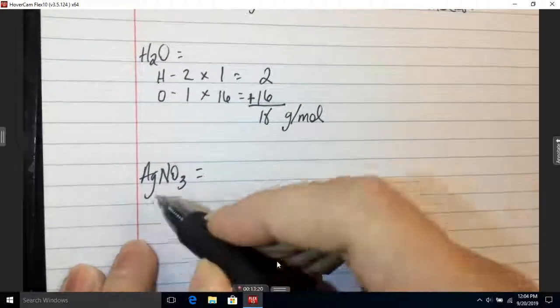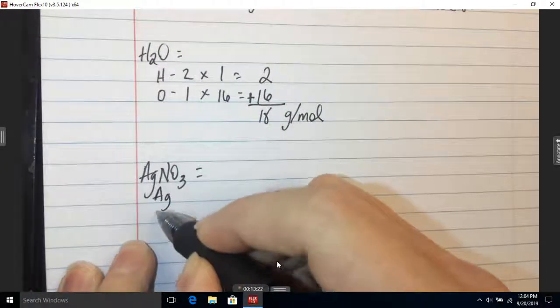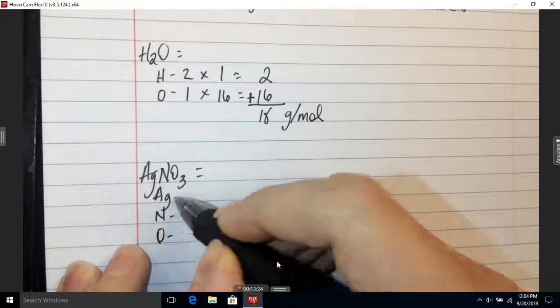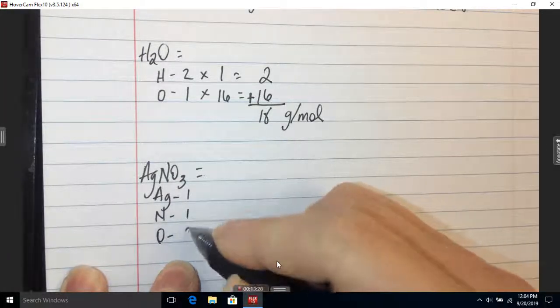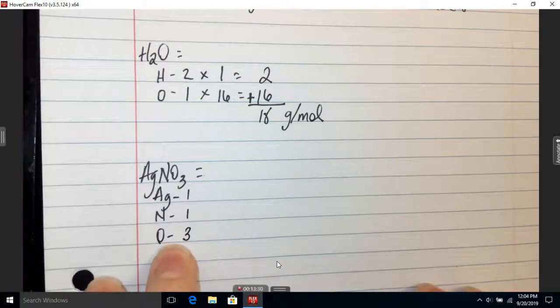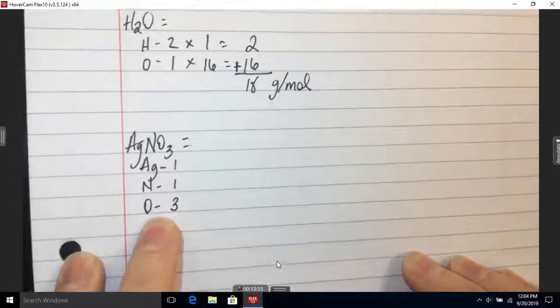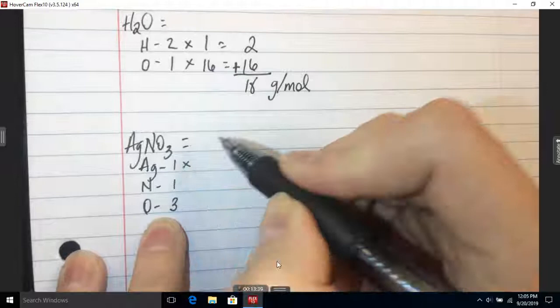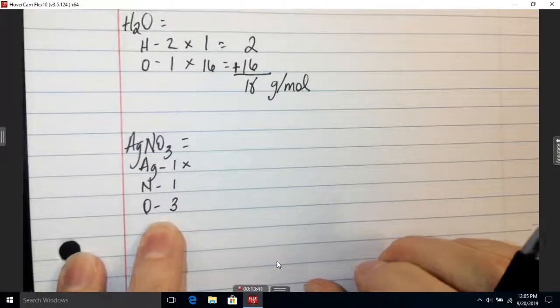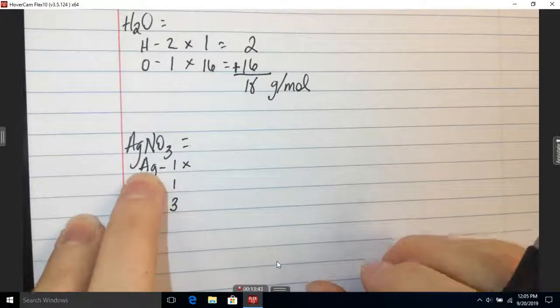Okay, first step, list my elements. Next step, tell how many of each. I should have at least seen this on everyone's paper because everybody knows how to get this far. Now, I am multiplying by their mass. So, Ag, you had to find him on the table.